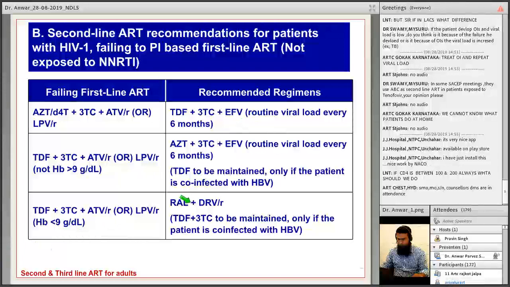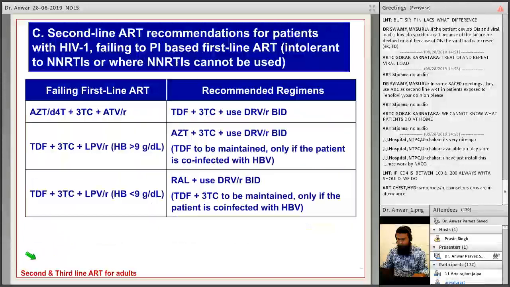But if you cannot use that, then you may use darunavir, ritonavir in those patients. If you cannot use zidovudine or tenofovir, you may use raltegravir in place of NRTIs.